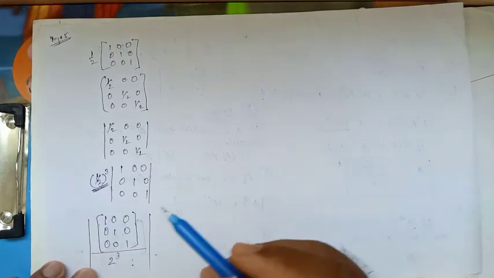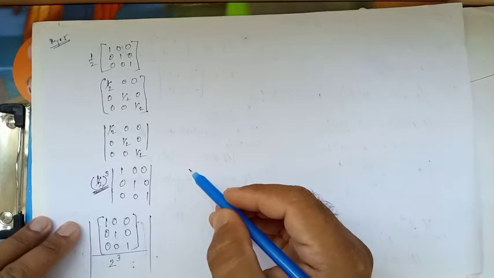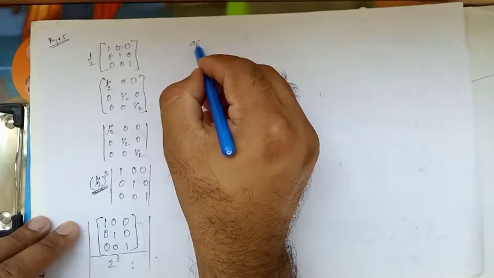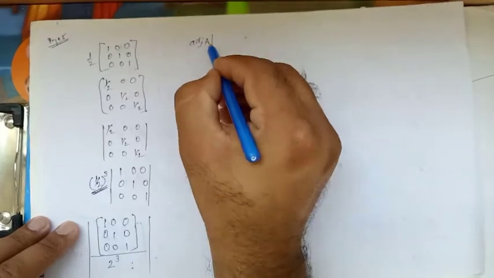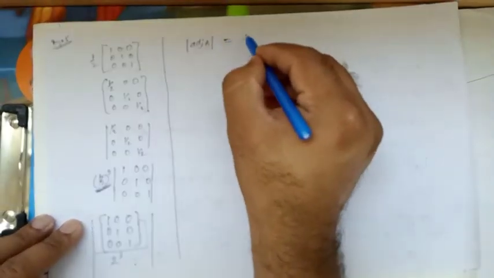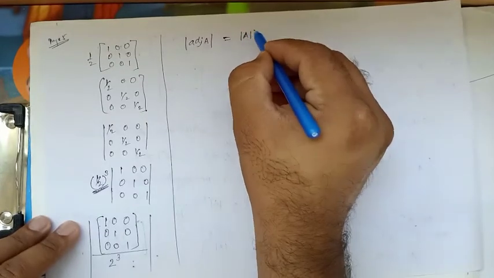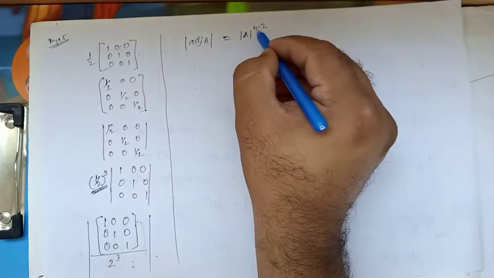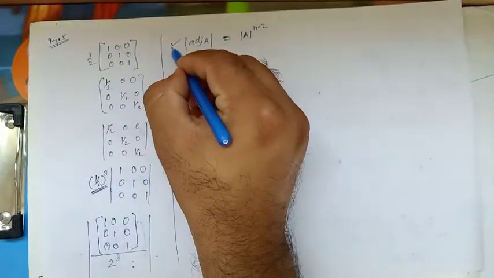And we know that just before we have studied that if we are taking the determinant of adjoint A, then the value is determinant of A to the power n minus 2, the property we have studied.